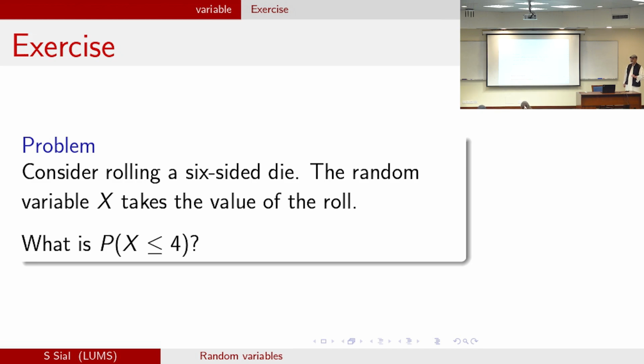What's the probability that x is less than or equal to 4? Well, it's the probability of rolling a 1, a 2, a 3, or a 4. What's that probability? 4 out of 6.